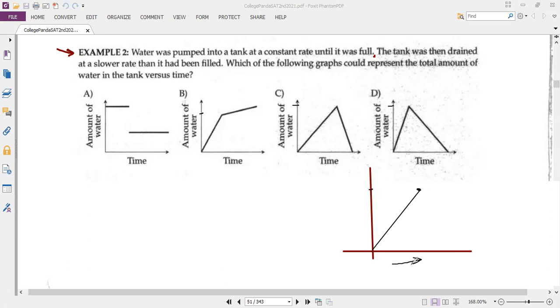Time passed and the amount of water increased according to the first phrase. Then the tank was drained, so it will be leaked. Still the same amount will be leaked, but at what? At a slower rate. What does it mean? This is time, right?